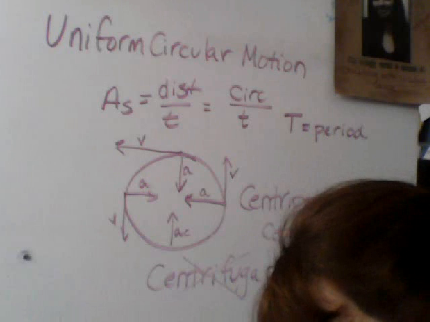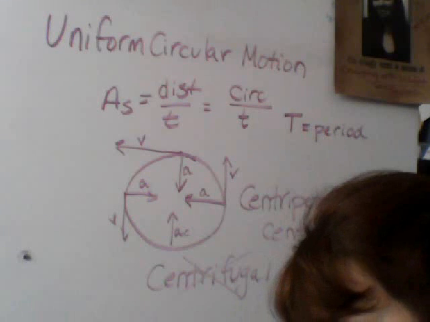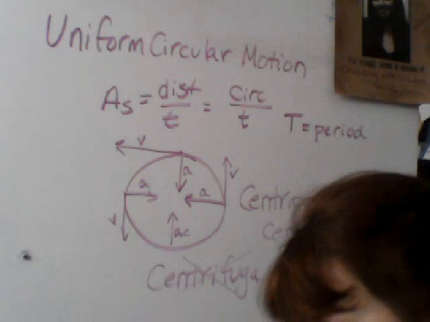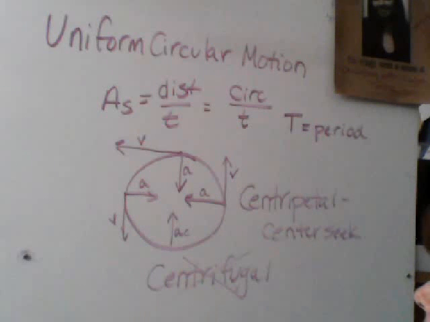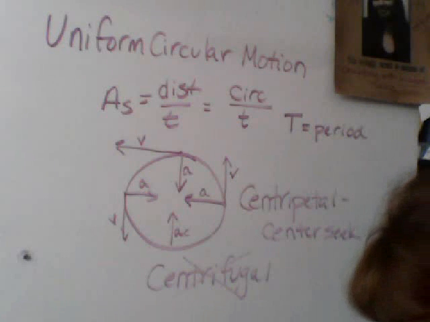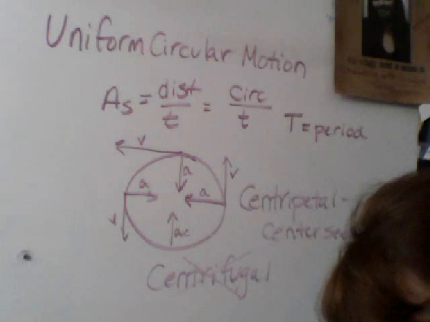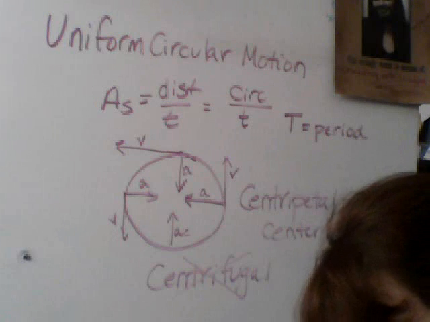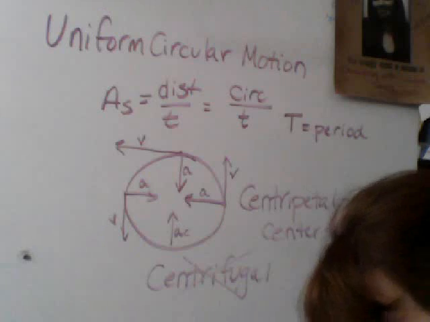And so objects in motion tend to stay in motion with the same speed in the same direction unless acted on by an unbalanced force. That's, remember, Newton's first law. And so in a centripetal motion, we know that there is unbalanced forces because it's not moving in a straight line. So any object moving in a circle experiences a centripetal force.